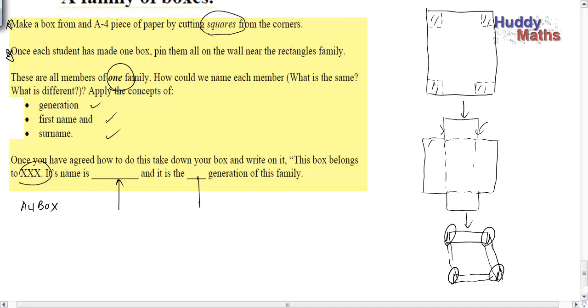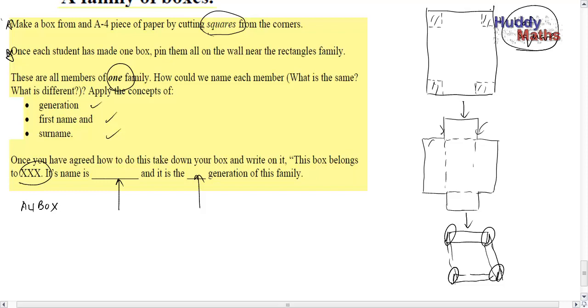And what about the generation? What is the smallest square you can take out? So the generation might be the length of the side of the square. If you took out 0.1 by 0.1, a very small square, that would be that generation. The generation number might be the size of the side of the square that you took out.